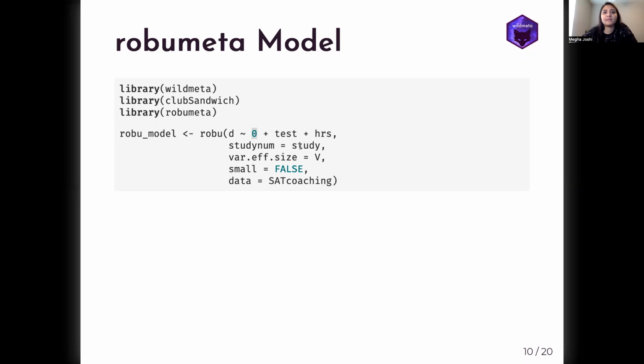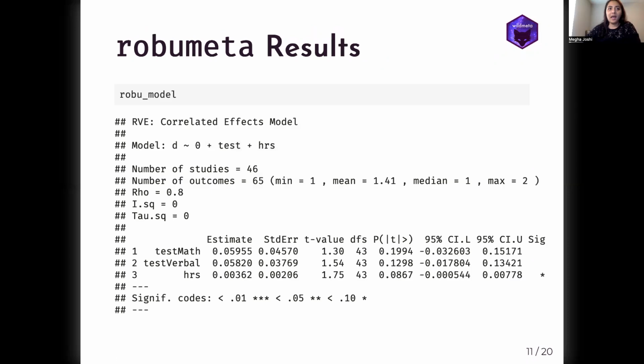And then I specify the study, the variance of the effect size, and the data. And here are the results from the robumeta model. The estimates for math and verbal are the average effect for each test type, because we fit a zero-intercept model. And we want to test whether these two effects differ from each other.